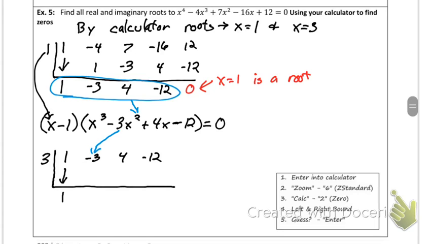So we drop the 1. 3 times 1 is 3. Negative 3 plus 3 is 0. 3 times 0 is 0. 4 plus 0 is 4. 3 times 4 is 12. Negative 12 plus 12 is 0, which is good because that means x equals 3 is a root, but we already knew that.